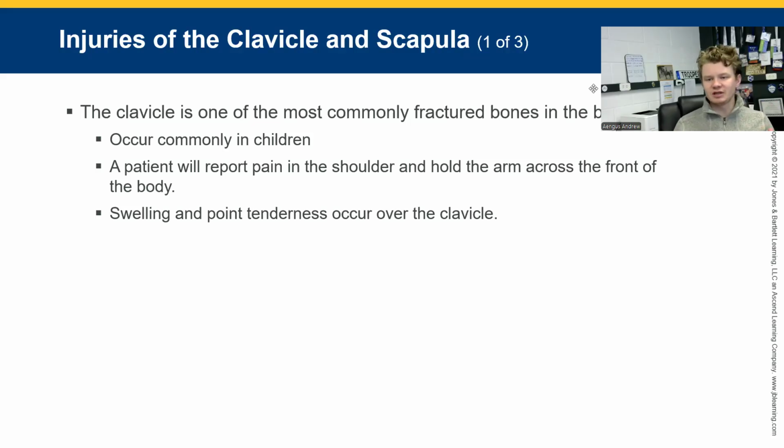So a lot of times when we break the clavicle, it can initially present maybe as a shoulder injury, because a lot of our mechanisms tend to point towards shoulder injury. They fell onto their shoulder or something, when really what we have is a compression injury from where the clavicle hits the shoulder joint and gets squished and it snaps.